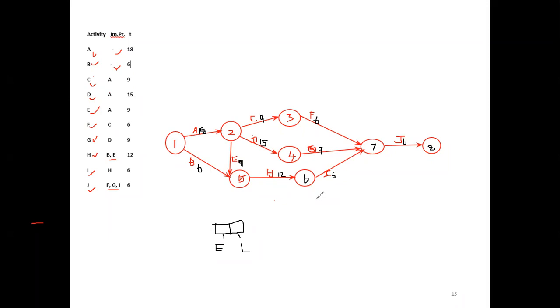So for that we can draw every node. Under every node we put a rectangle divided into 2. Then one part is earliest time, the other latest time. So let me do the drawing now. For each and every activity we have to do this.